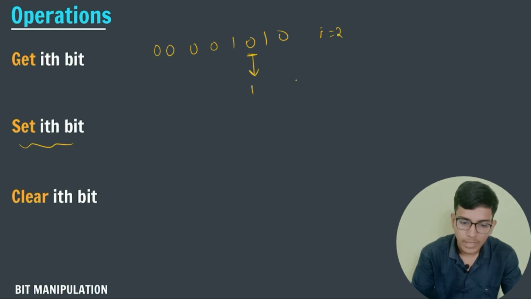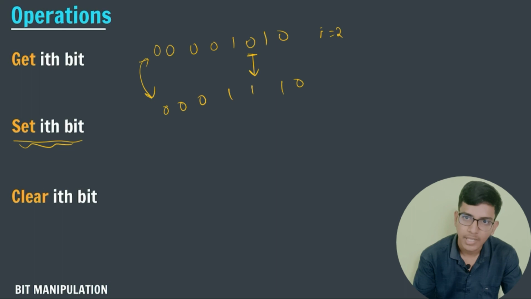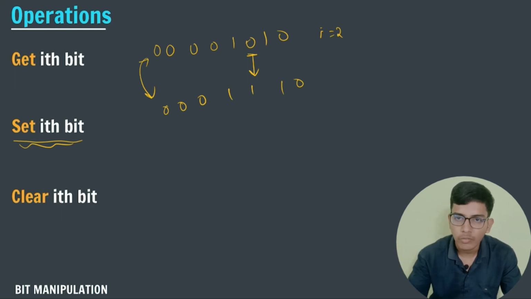So the output will be 0 1 1 1 0 0 0. If I want to change the ith bit at that particular index, then I will call my function, that is set ith bit. So this is the working of setting the ith bit. I will set the value from 0 to 1. So this is the work of set bit.